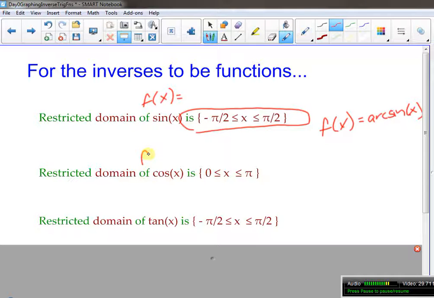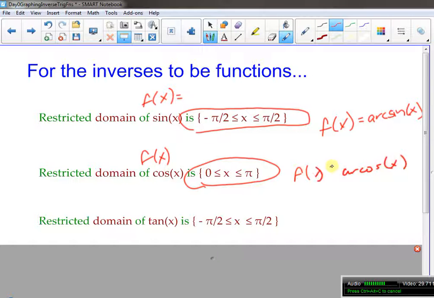If we start off with f of x equals cosine, as long as we only take the piece in between 0 and pi, then we can say that arc cosine will be a function. And we will be working with these functions, so we're going to have to kind of memorize these restrictions. Domain of the tangent, if we take only this piece of the tangent function, then we will have a function for the arc tangent.